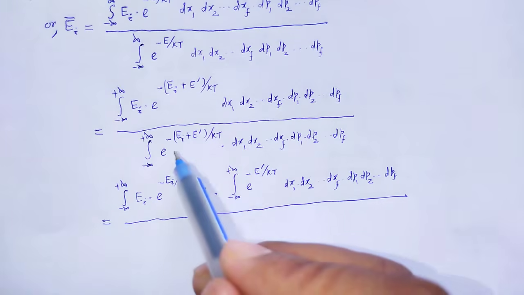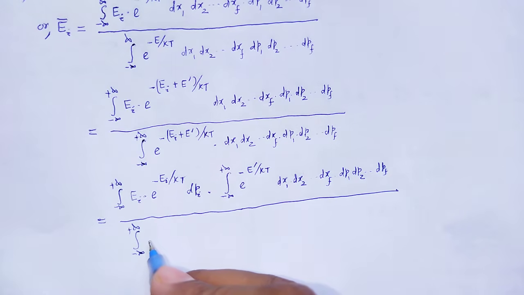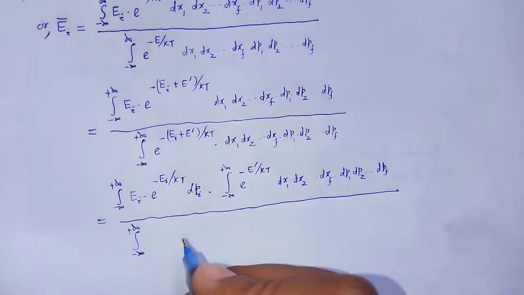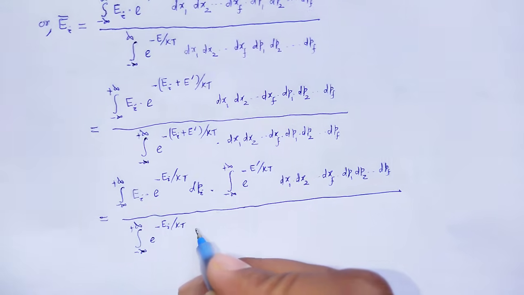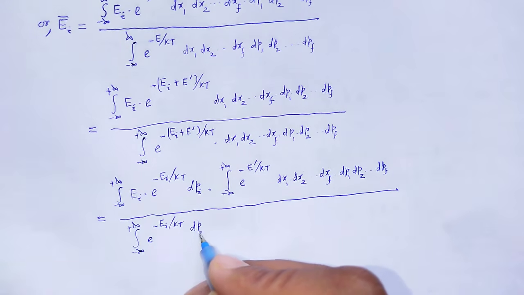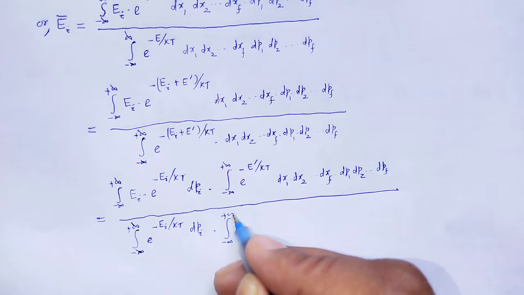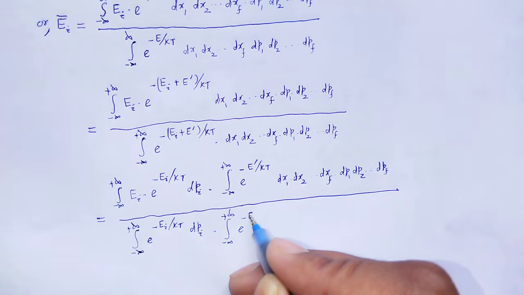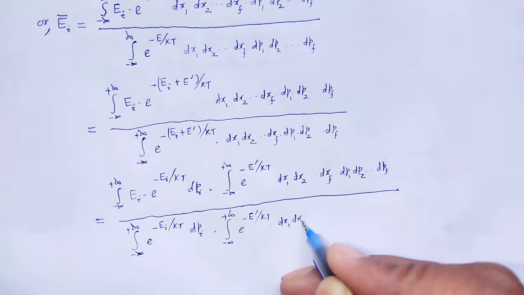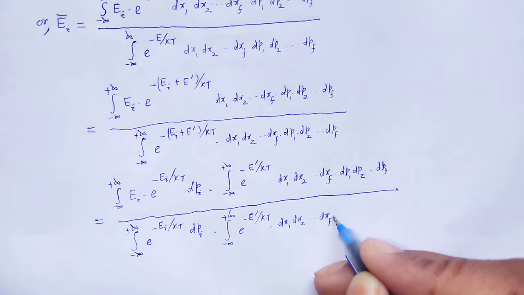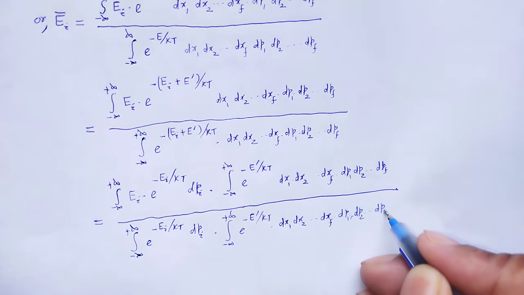again the same thing, we separate it, integration from minus infinity to plus infinity e to the power minus ei divided by kt dpi into minus infinity to plus infinity terms as e to the power minus e dash divided by kt, dx1 dx2 up to dxf, dp1 dp2 up to dpf.